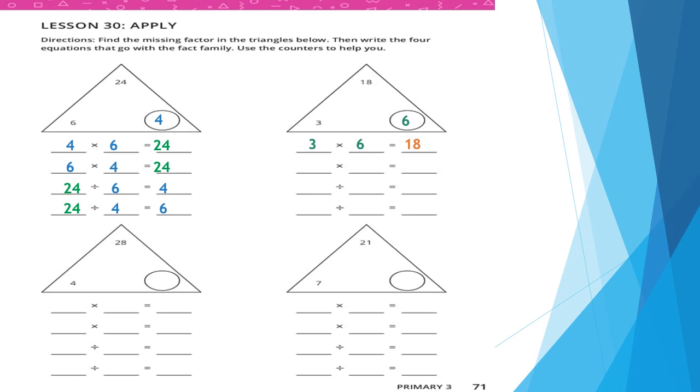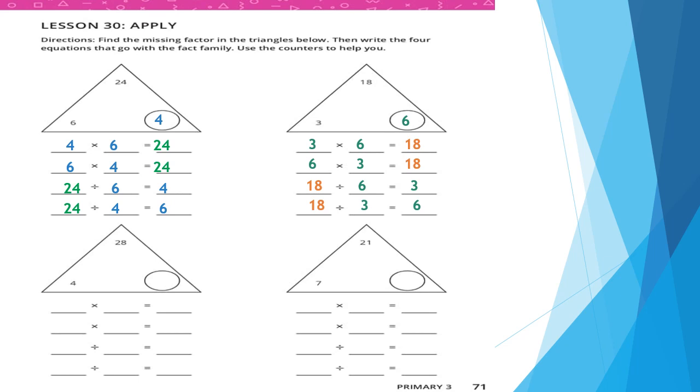Who can give me the commutative property for it? 6 times 3 equals 18. And the division equation will be, we must put the big number first. 18 divided by 6 equals 3. And 18 divided by 3 equals 6.